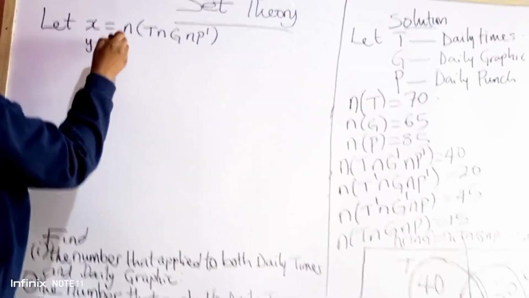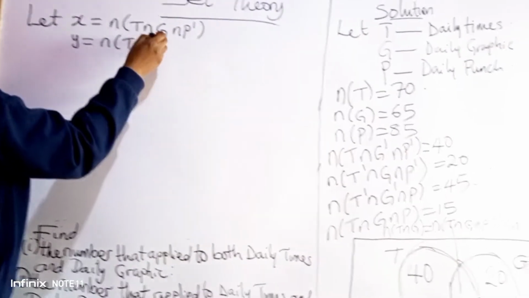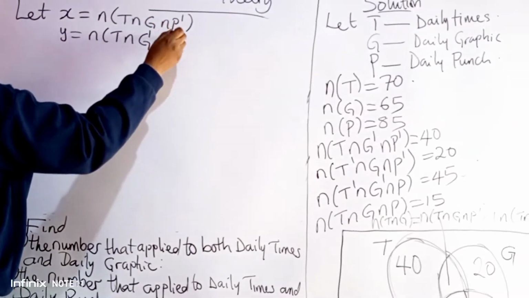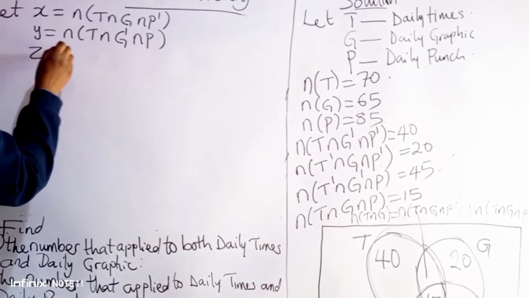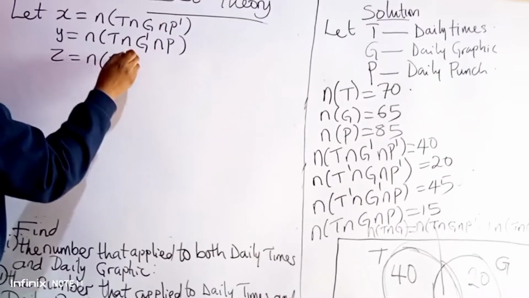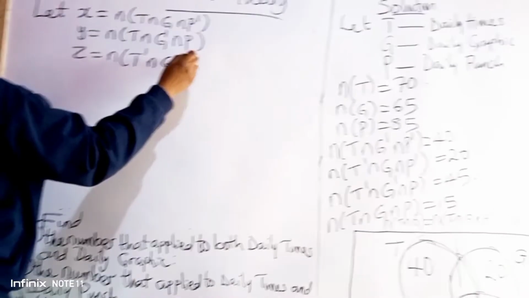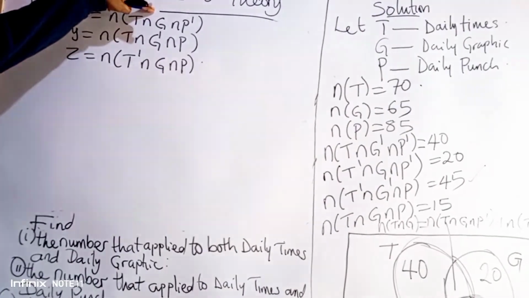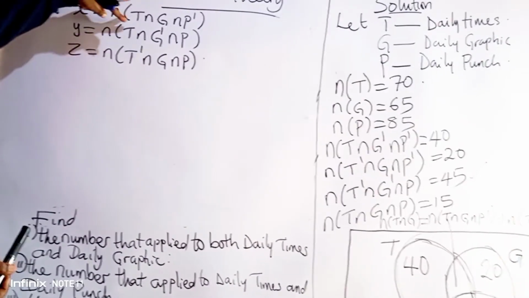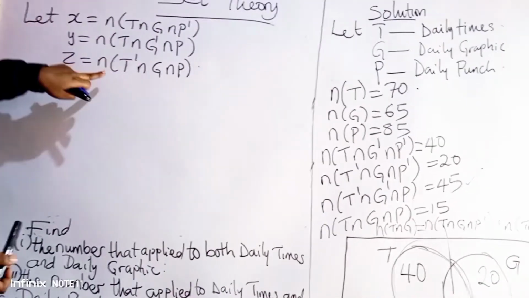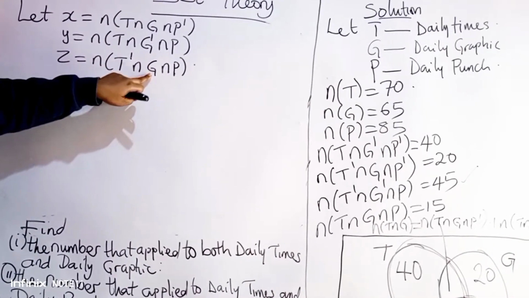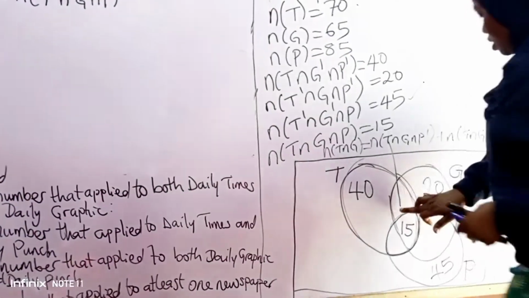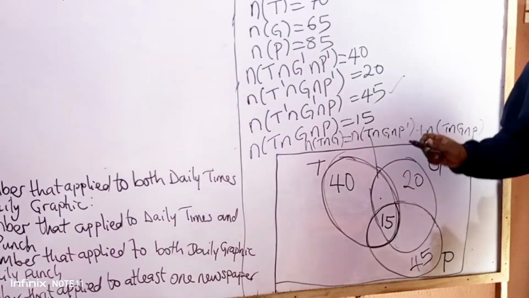Y to represent Daily Times and not Graphic but Punch, and Z to represent not Daily Times but Graphic and Punch only. So here is Daily Times and Graphic only, here is Daily Times and Punch only, and here is Daily Graphic and Punch only. Anywhere I see Daily Times and Graphic only, I'm going to write X there.